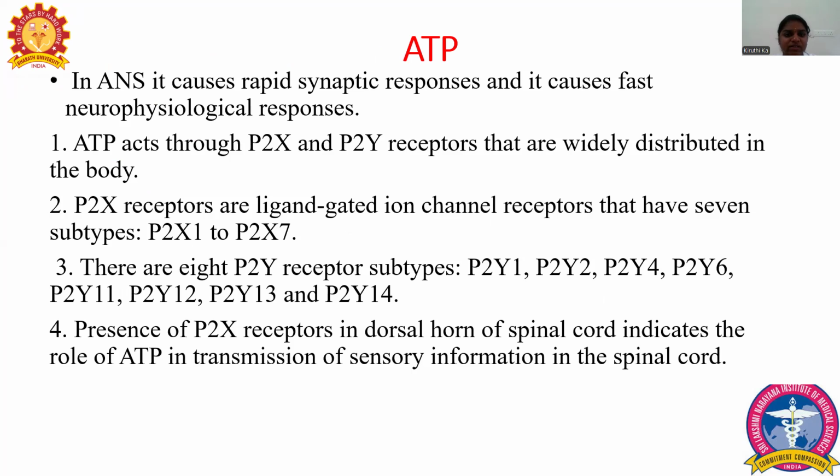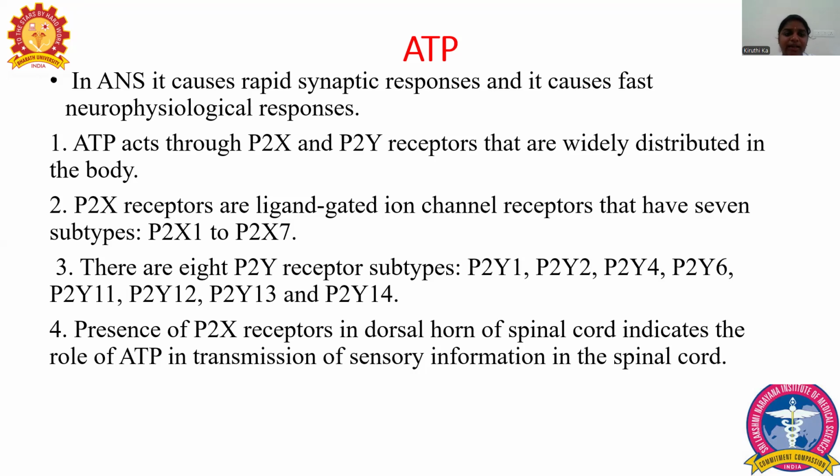And at last, we'll see ATP. ATP is nothing but energy. It has recently emerged as a neurotransmitter in the CNS. It causes rapid synaptic responses and fast neurophysiological responses. It acts on P2X and P2Y receptors that are widely distributed throughout our body. The P2X receptors are ligand-gated ion channel receptors, which have 7 subtypes from P2X1 to P2X7.